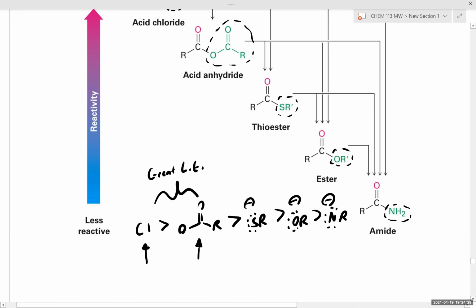So even though we haven't seen all of these acyl group derivatives, we can get a sense of their relative reactivity by looking at their leaving groups and looking at whether your leaving group is a good, bad, or just a better leaving group than your nucleophile.